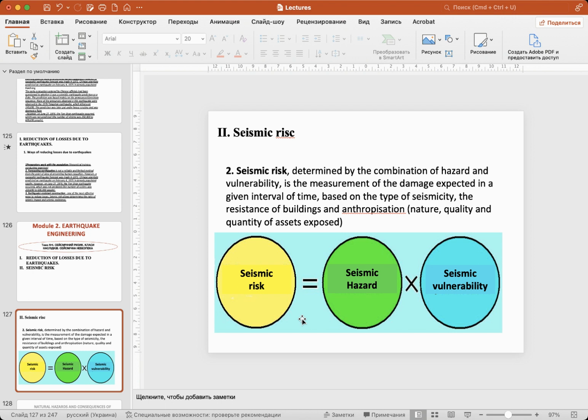In 2002, in Odessa, there was a conference about earthquakes, and one Japanese scientist said to the Odessa authorities at that time that Odessa has seismic risk the same as some regions in Japan.